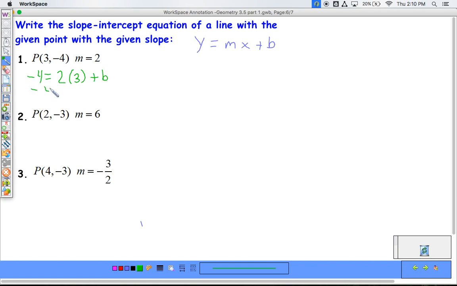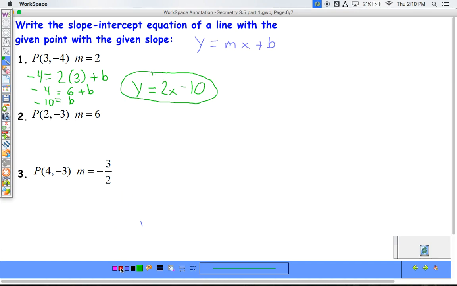So that would give me -4 equals 6 plus b. Subtract the 6, so b would be -10. Now we have our y-intercept and our slope, so y equals our slope, which is 2x, and then we have -10 for our answer here. So again, today is all about writing equations.